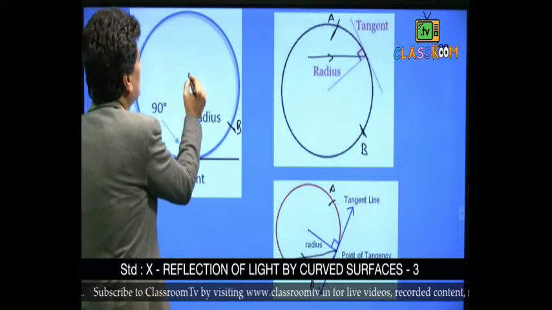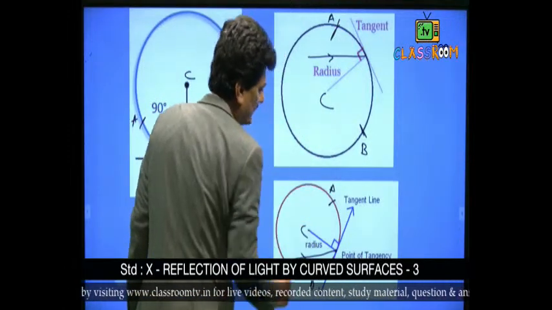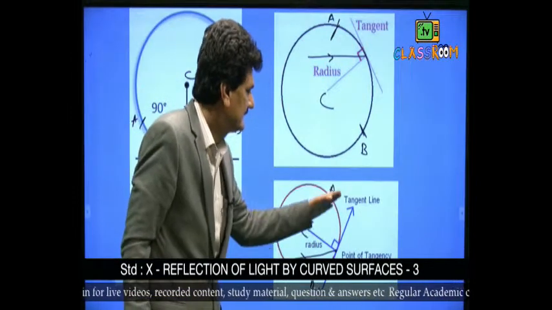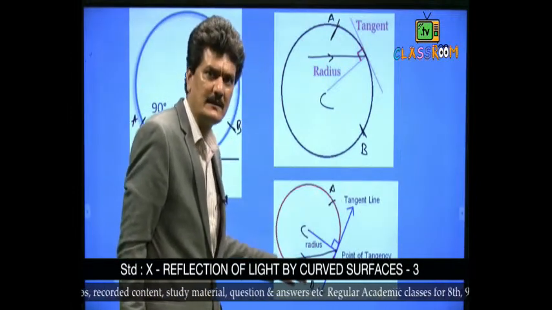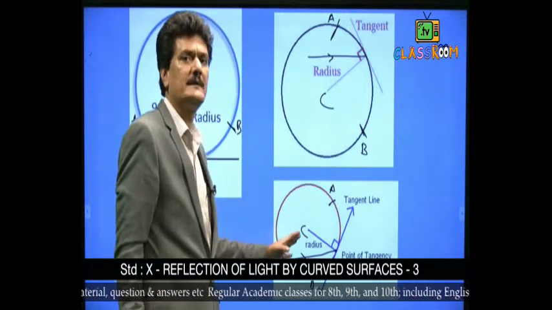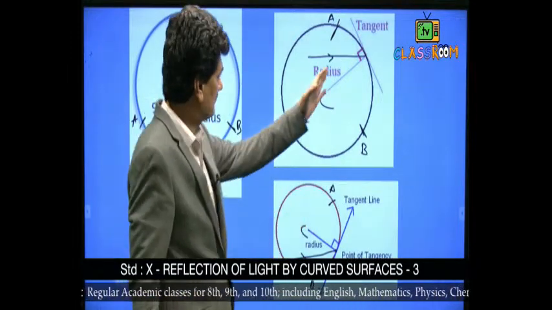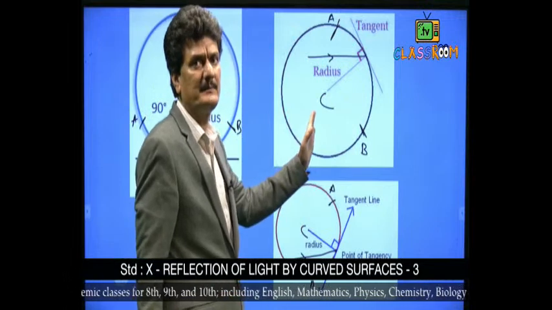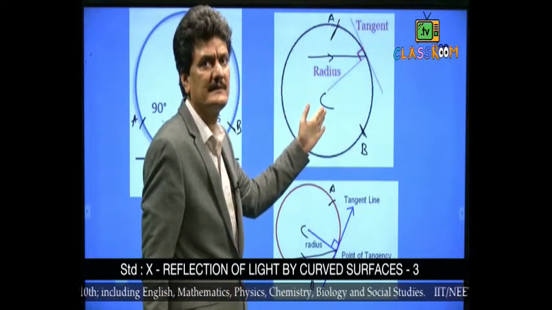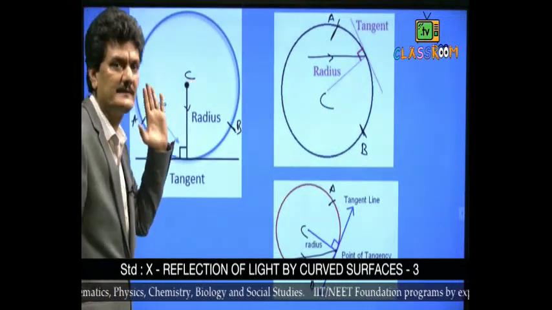Now let's call the center of the circle C. So C is the center of the circle, and if we have taken a part of that circle as a mirror and also we are taking this C, then this center of the circle now becomes the center of curvature. So now just forget about the circle part. Just consider AB and this center of curvature C.